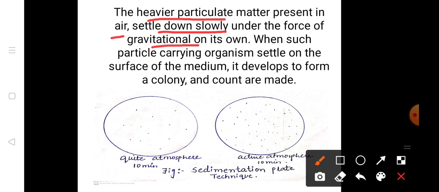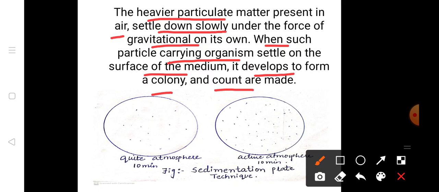When such particles carrying organisms settle on the surface of the medium, if they carry microorganisms on their surface, they will develop to form a colony, and from the colony we count. This is the principle of sedimentation.